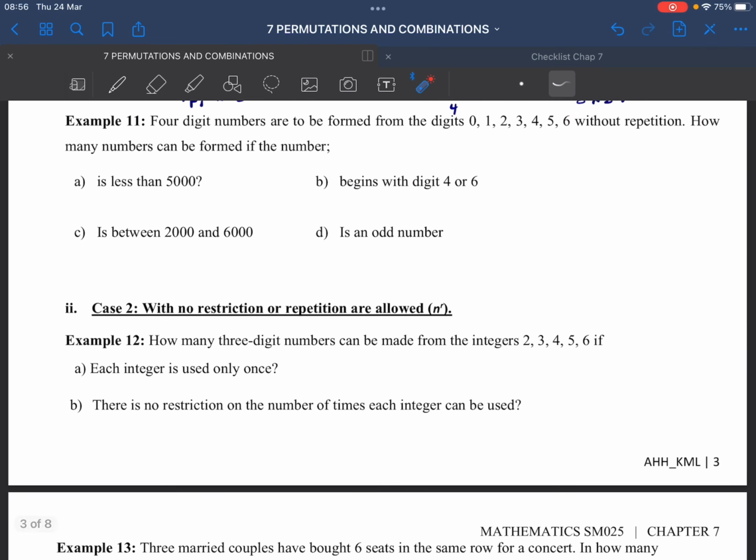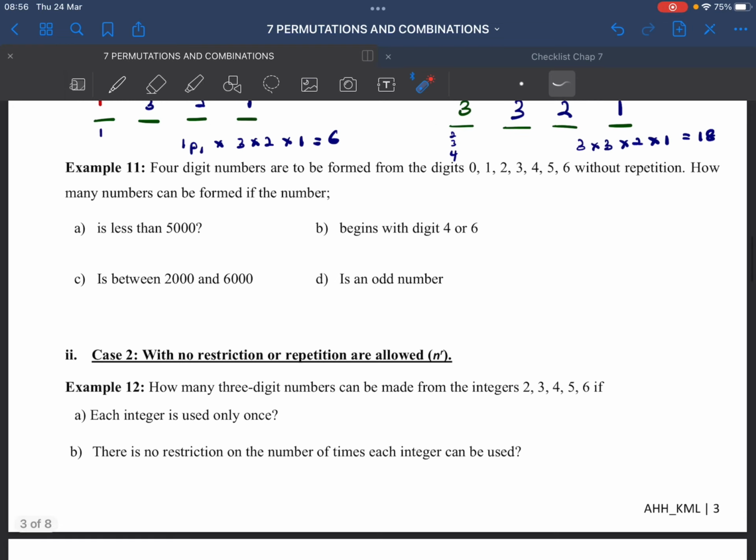Example 11. 4 digit numbers are to be formed from digit 0, 1, 2, 3, 4, 5, 6. Ada 7 digit dekat situ. Without repetition, how many numbers can be formed if the number is less than 5,000? So there are two things that you have to take note from here. Okay, 4 digit numbers. Kita nak buat 1, 2, 3, 4 digit.